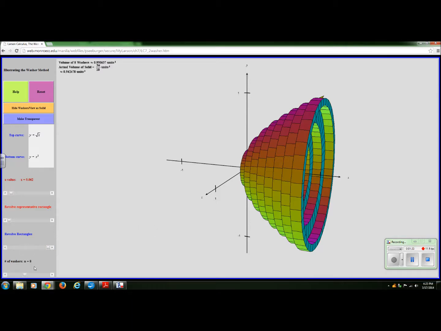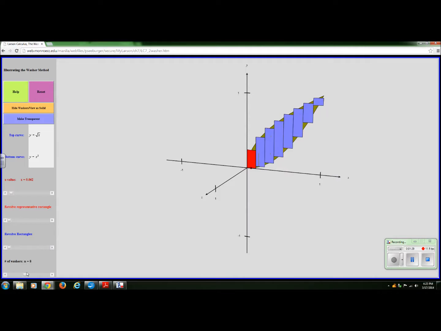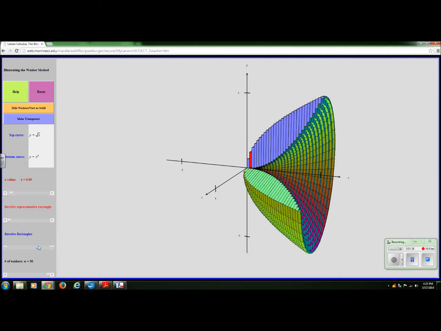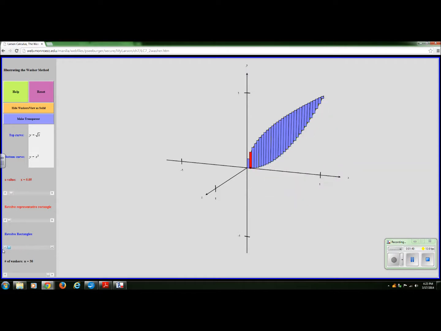Now, you may have noticed, when doing this, that the smaller the rectangles are to begin with, we might start with this many, the more accurate an approximation for the volume of that shape we have, because the original shape we're approximating is also much closer. This is sort of like the Riemann sum idea.